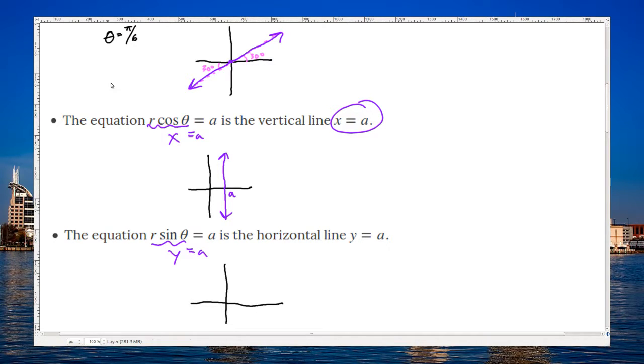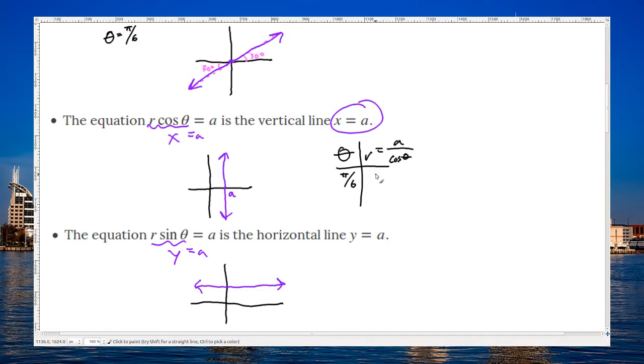And if you want to see if you believe this, you can always plug in values. You know, for example, let's plug in the value pi over 6 into this equation up here. If I plug in pi over 6 into cosine, well, r is equal to a divided by cosine of theta.